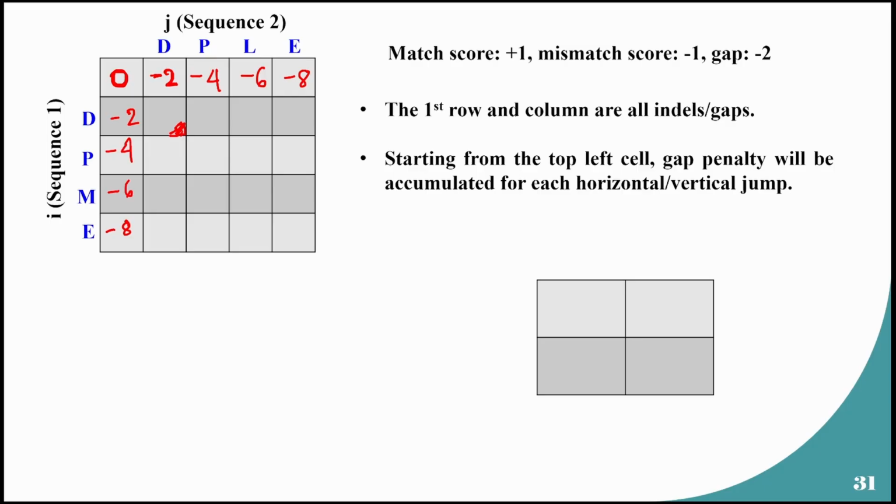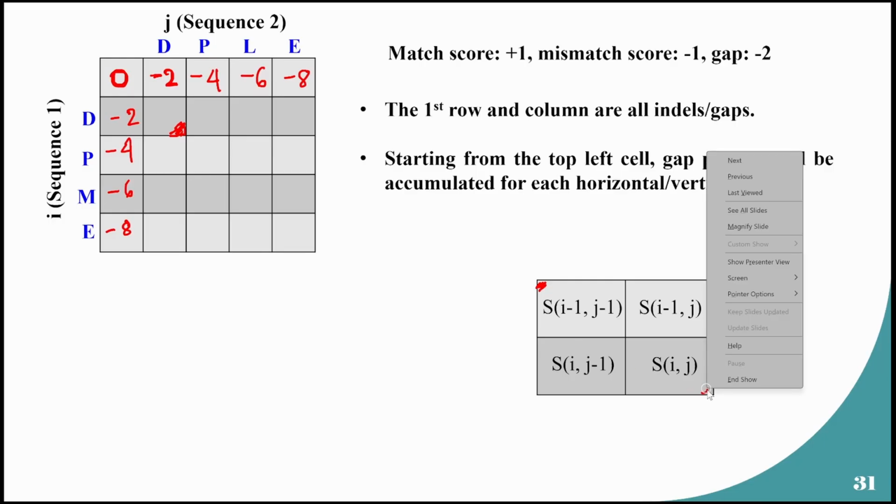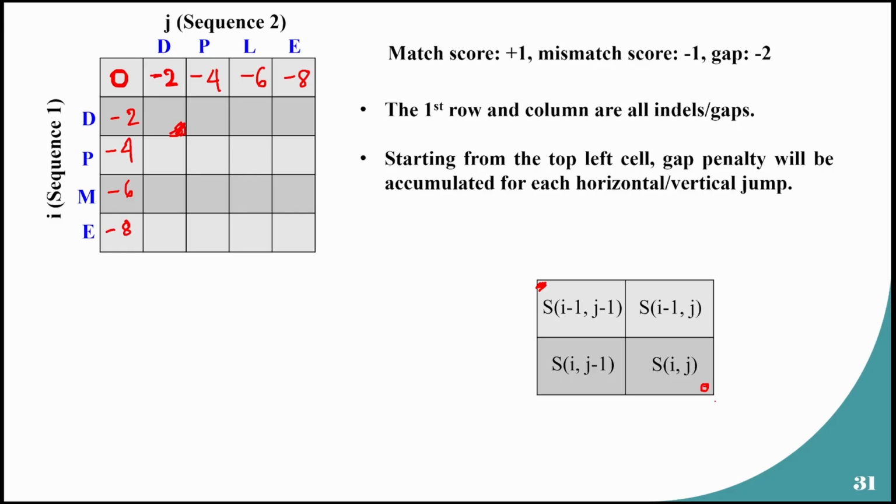As I talked about here, you need to calculate three different routes to derive the score for a particular cell. Let's say this four-cell matrix is here. You are starting from this position, and you want to calculate the score for this position. You can get this score from three different routes: from I-1, J-1, diagonally; from I-1, J, which is the vertical jump; or from I, J-1, which is the horizontal jump.